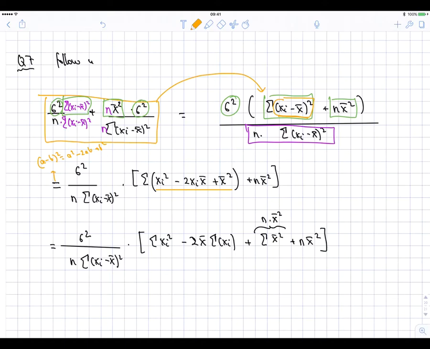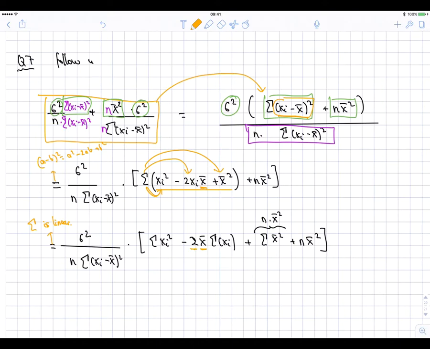Then here I'm saying that the summation operator is linear. What does that mean? That simply implies that this summation notation, I can bring it in here, bring it in here, bring it in here. As I bring in that summation notation, x bar is something that doesn't change depending on i, so I can pull it out.